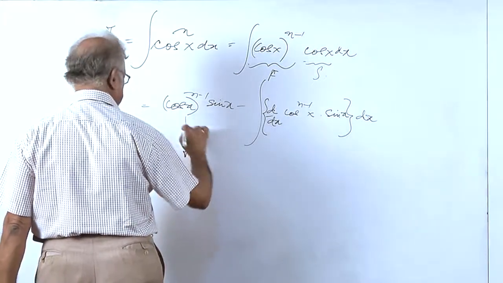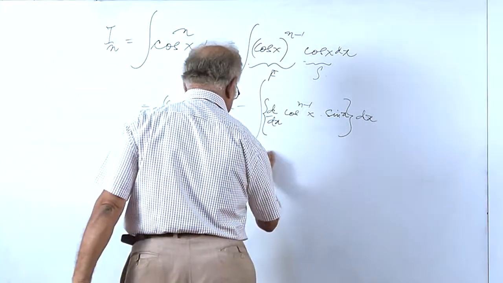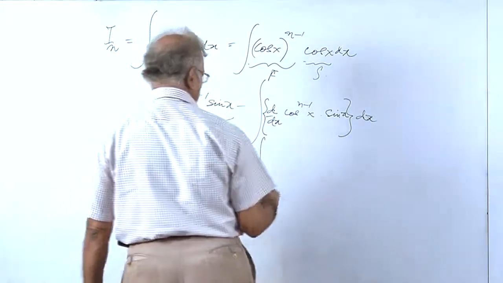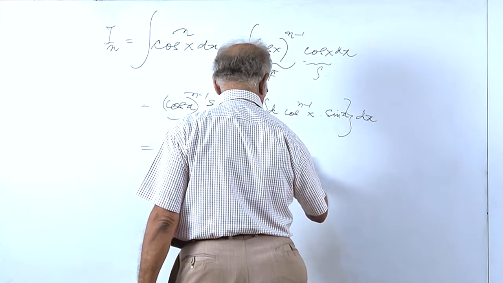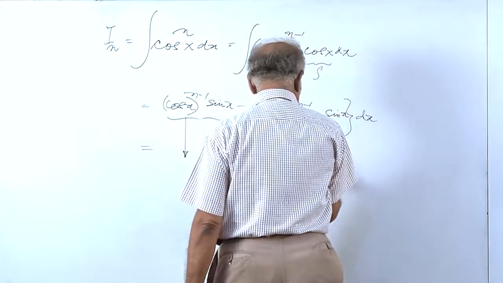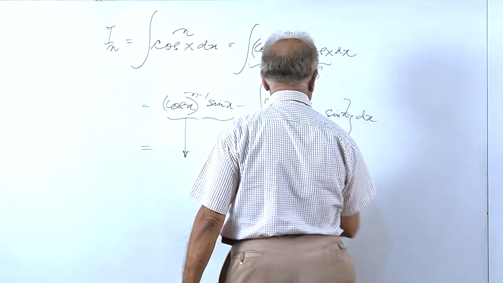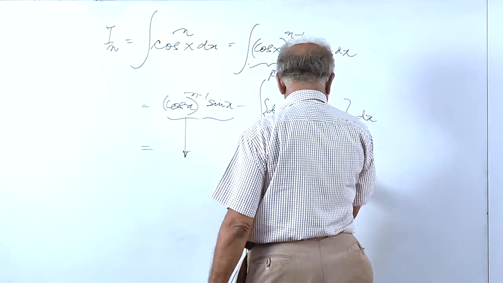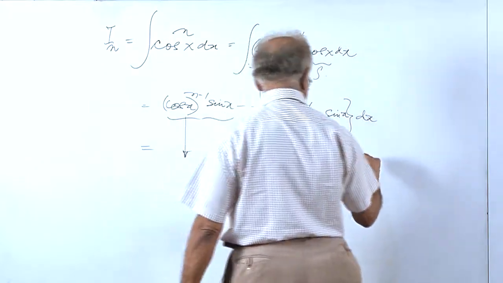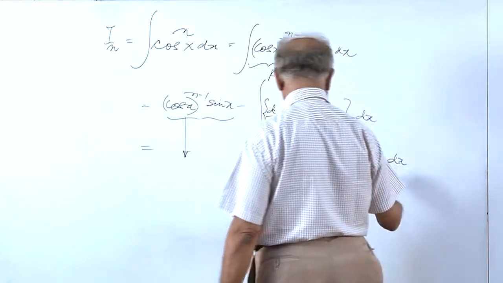So this is equal to, as we see here, we will not write this again and again, this drops down, minus integral of the derivative of cos x to the power of n minus 1. This is n minus 1 cos x to the power of n minus 2 into minus sin x, that is applying the chain rule, into sin x and dx.